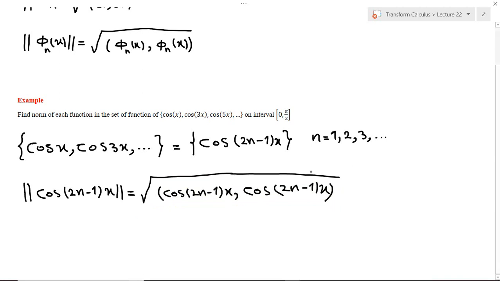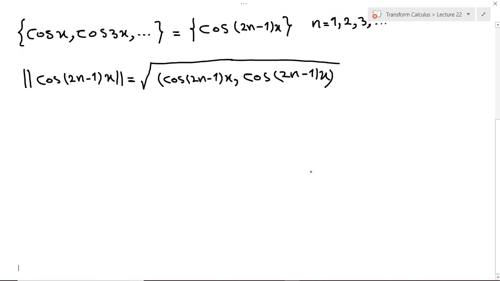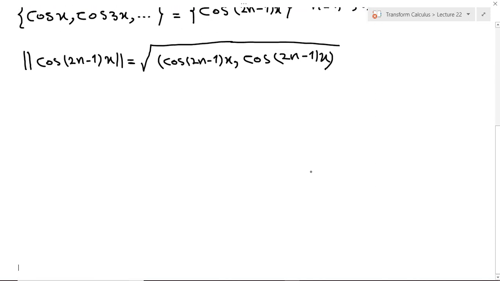We have to find the inner product of cosine 2n minus 1 x and cosine 2n minus 1 x.